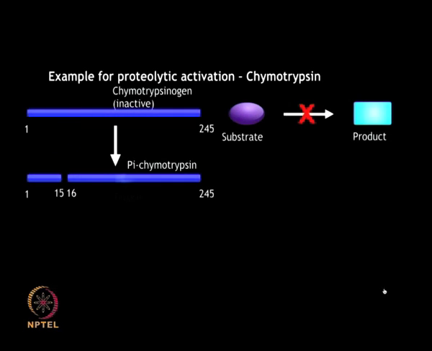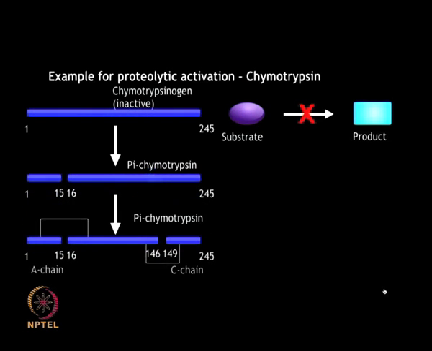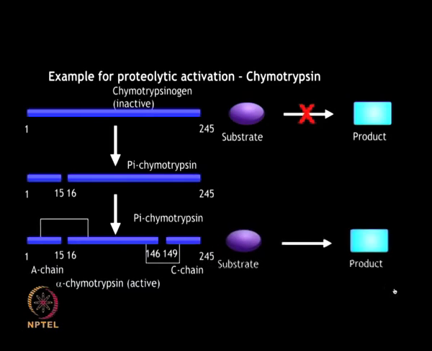The resulting enzyme, known as pi-chymotrypsin, is acted upon by other such molecules to yield the completely active and stable alpha chymotrypsin, which consists of 3 chains linked by interchain disulfide bonds.